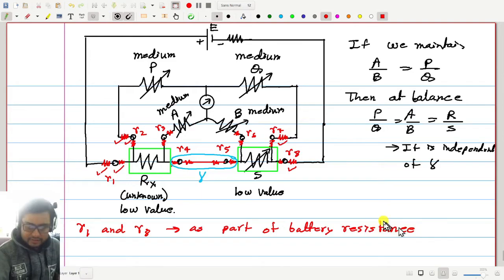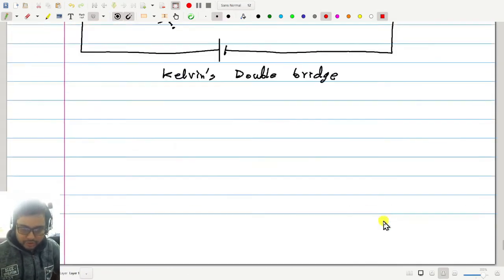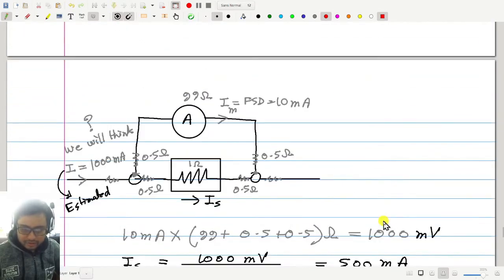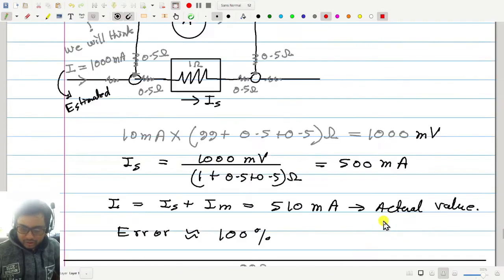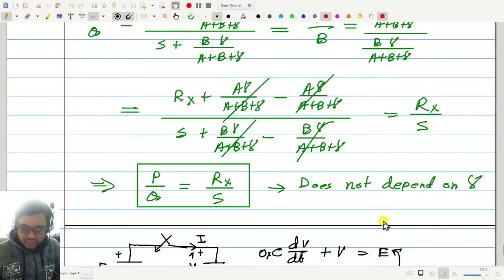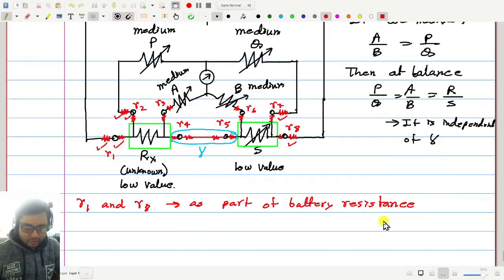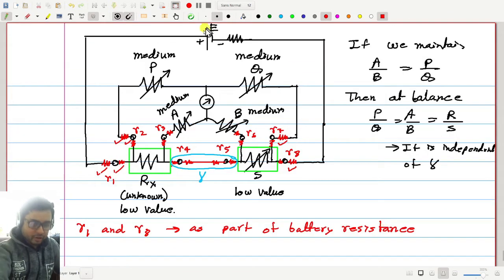Okay. And in normal Wheatstone bridge principle, you think of normal Wheatstone bridge. In normal Wheatstone bridge, if you find the balance equation, that does not depend on battery resistance at all. Okay, so these two you think as a part of battery resistance, no problem.